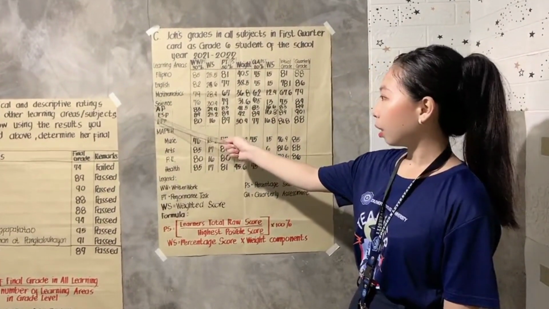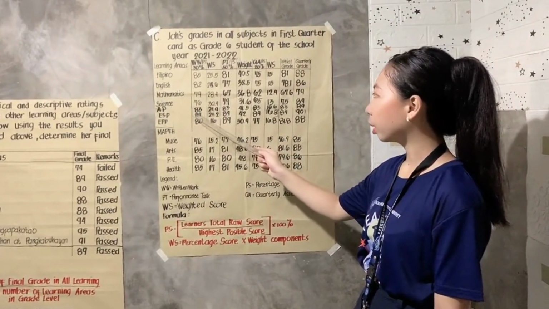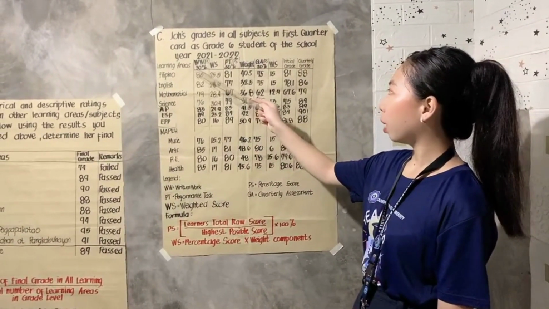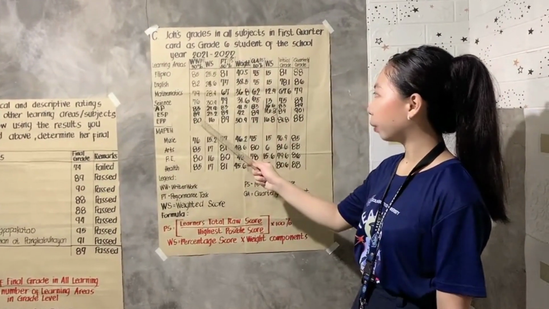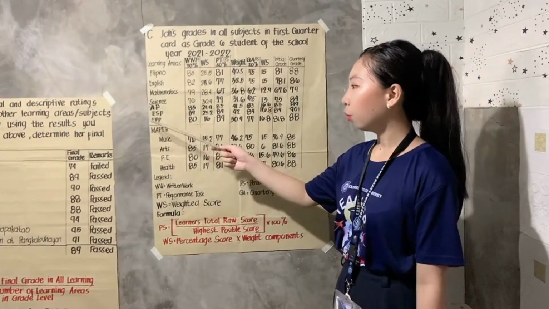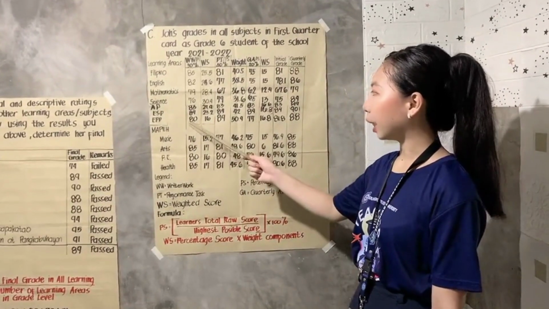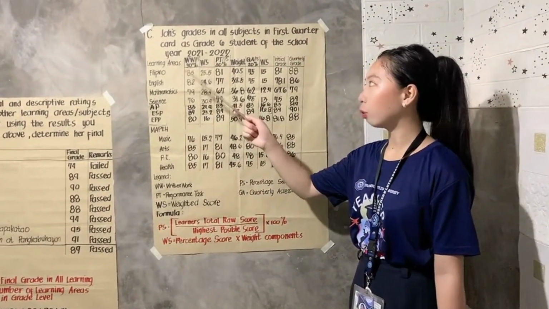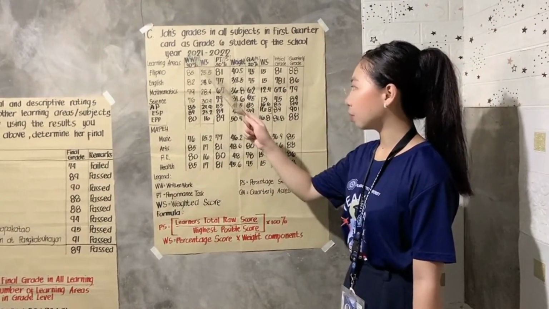In Edukasyon sa Pagpapakatao, he got 84, multiplied by 0.30, he got a weighted score of 23.2. In Edukasyon sa Pantahanan at Pangkabuhayan, he got 80, multiplied by 0.30, he got 16 as a weighted score.